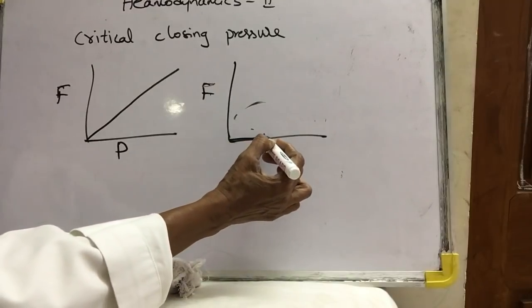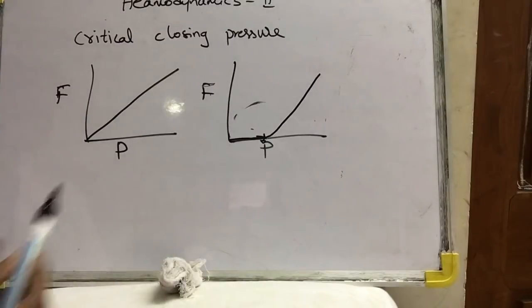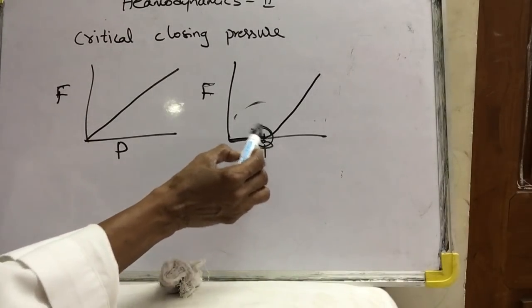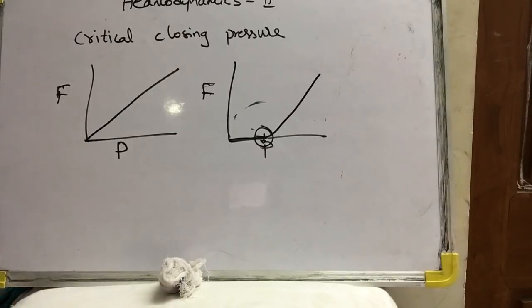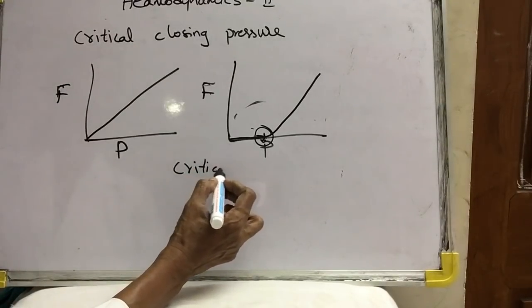As the pressure increases, again the flow will increase. And this point where there is zero pressure and no flow is known as critical closing volume.